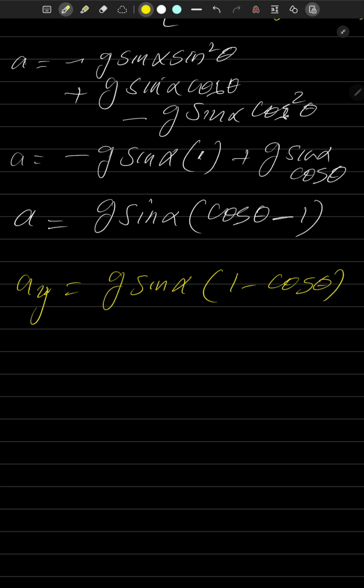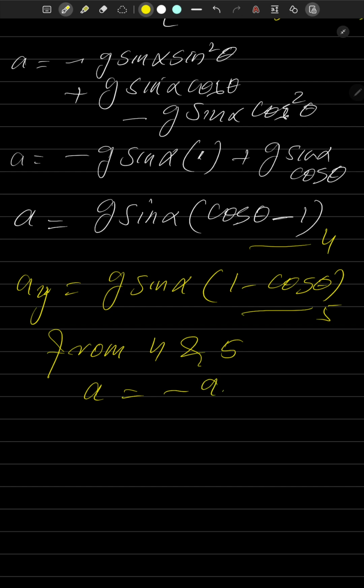So a very special thing you have noticed from here is that the net acceleration of your body and the acceleration along the y-axis have values equal and opposite. Look at equations 4 and 5. This clearly indicates from 4 and 5 that your acceleration is equal and opposite to the acceleration along y.